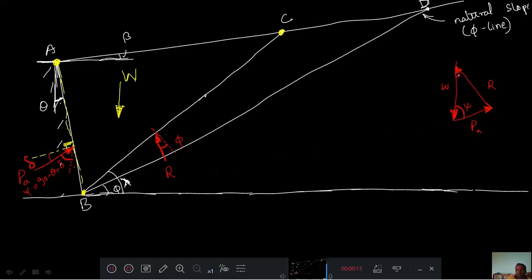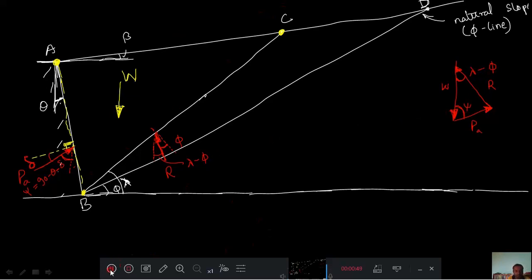Then what about this angle? This angle is R with respect to vertical. If I draw one line here, then what is this angle? This angle is lambda minus phi. You can just work it out, you will get lambda minus phi. Understood? Now this one I don't know, let it be. Then lambda minus phi and psi, we got it.